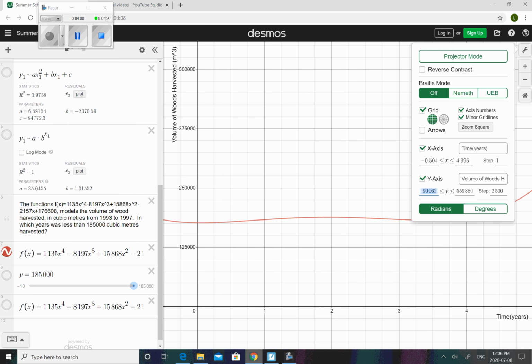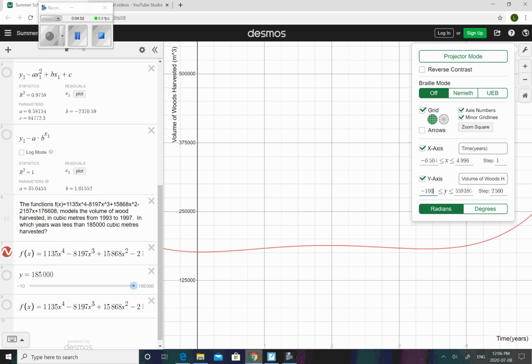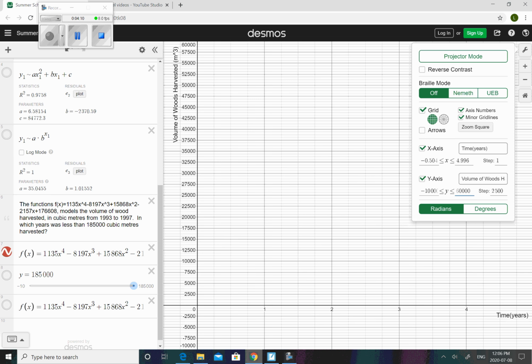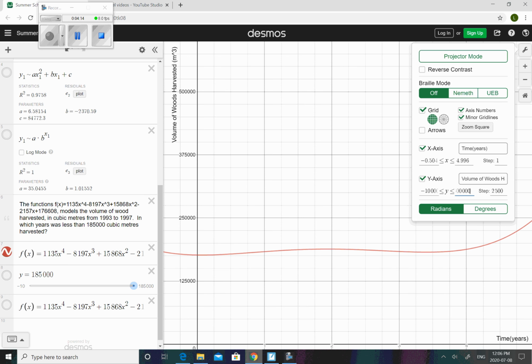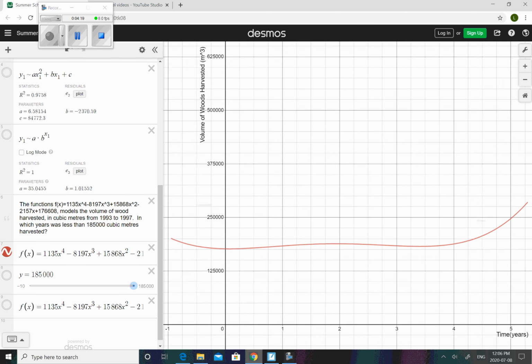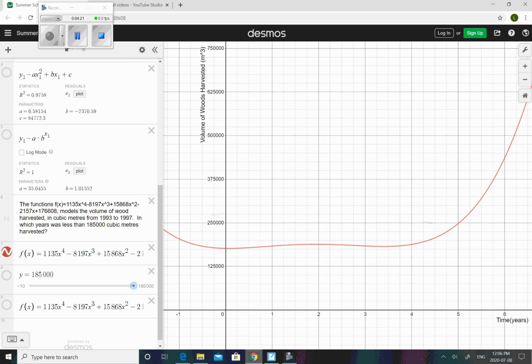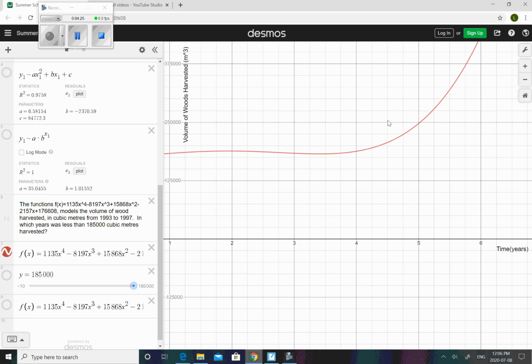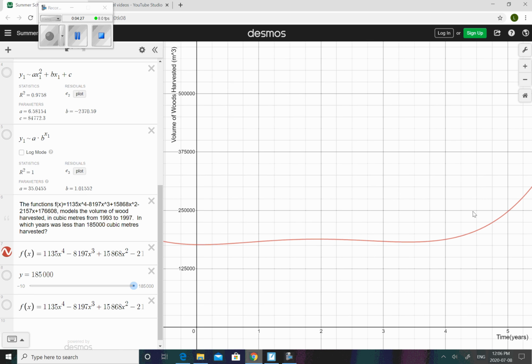So I've started that at maybe negative 10,000 just so I can clearly see the x-axis, and I want to go up fairly high, so maybe 600,000, just to make sure that I can see that curve clearly. It's just a piece that we're looking at right now. You can zoom out to see a little more detail, but we're just interested between 0 and 4 years. So you will have to set your window there first.